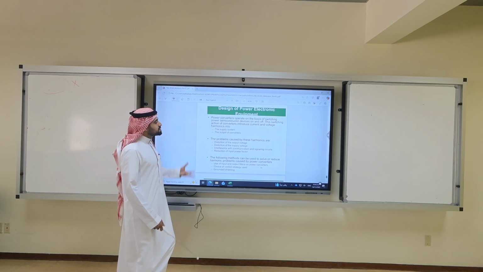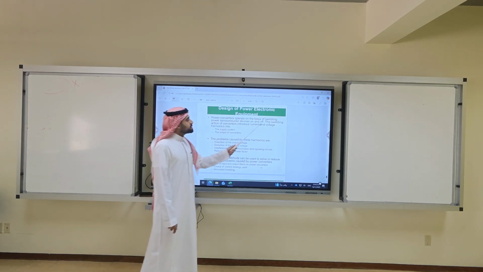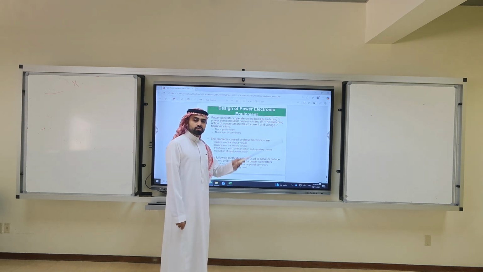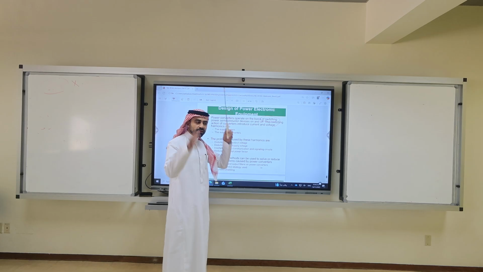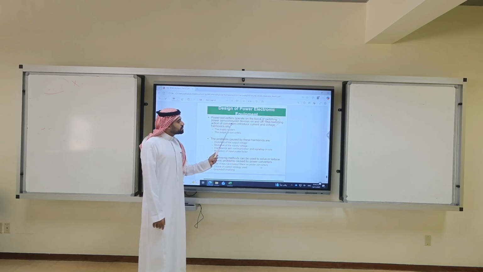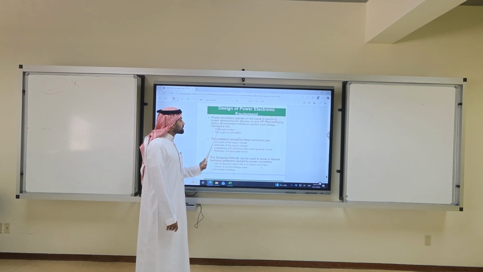So how do we design power electronics? They are designed based on switching, which is control. Switching, pulses, gates, and so on. This is fundamental. This action of converters introduces current and voltage harmonics.